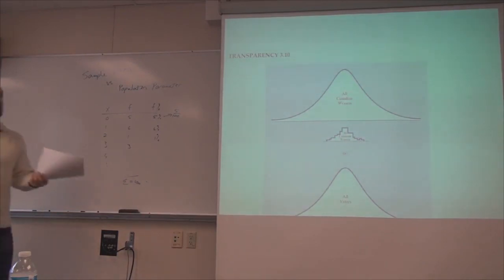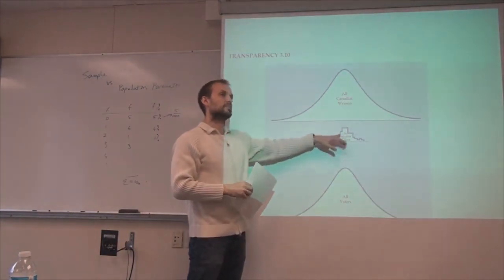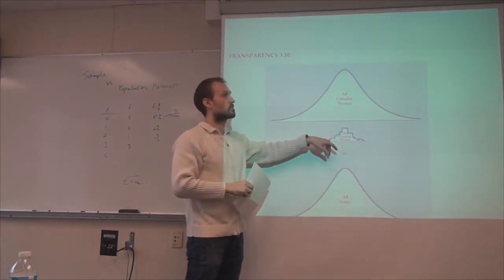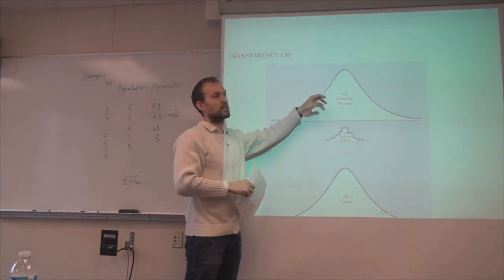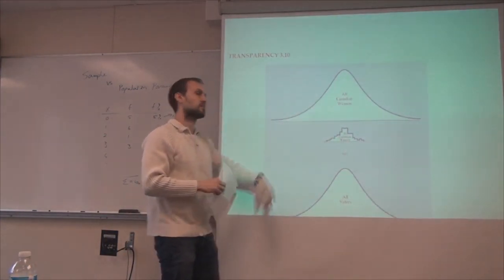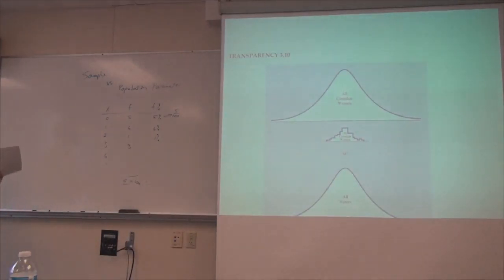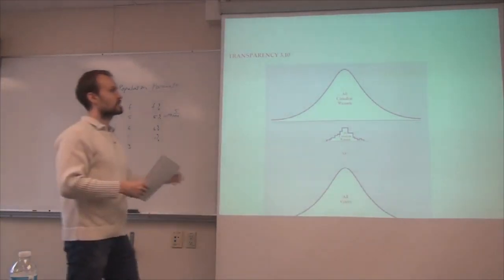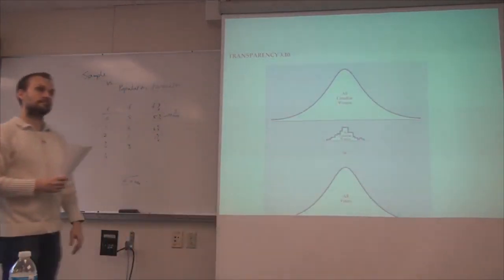If I just take a sample of us in the class, we're not representative. So when you look at our histogram, it won't look like a bell curve, because the sample's not representative. But if you have a big enough sample and it covers the properties of the population, you'll see the shape emerging.